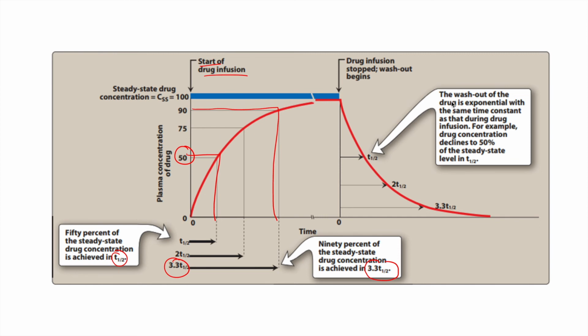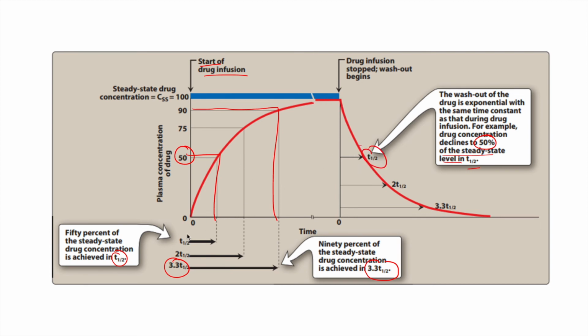Okay. Here, the washout of the drug is exponential with the same time constant as during drug infusion. For example, the drug concentration declines 50% of the steady state level in 1 T half-life. So right here, in first T half-life, 50% reduced.